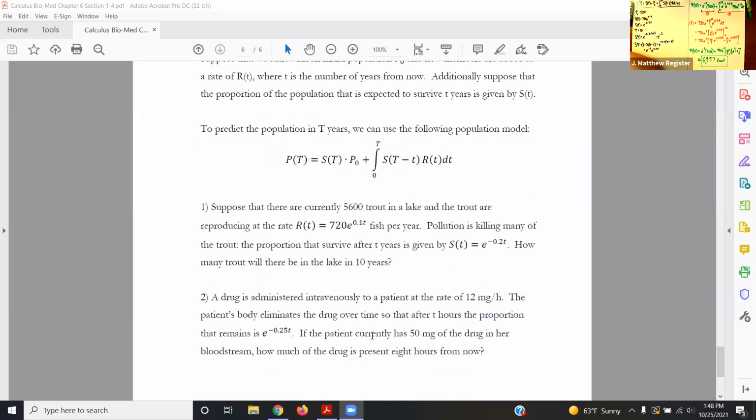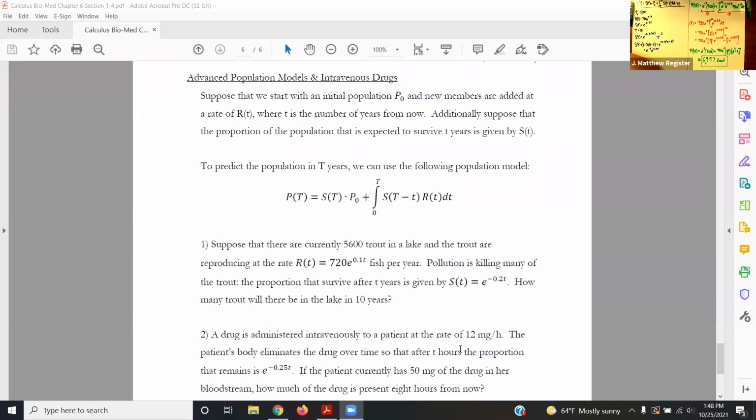The second example, which we won't do, is very, very similar, but now it's actually stuff you can calculate a bit. And so this one is saying a drug is administered intravenously to a patient at a rate of 12 milligrams per hour.